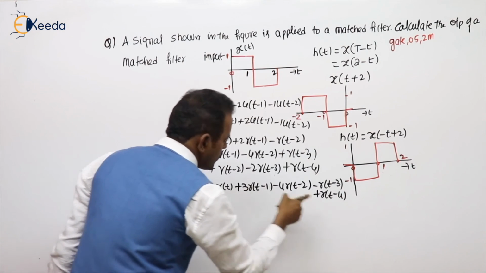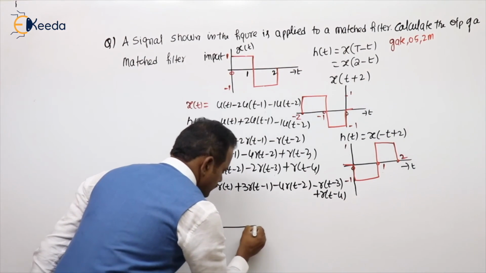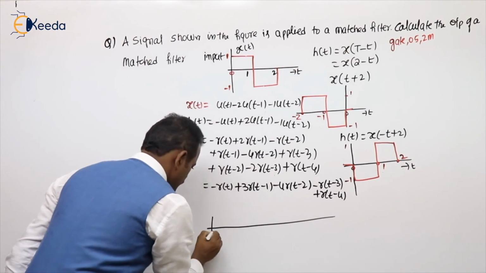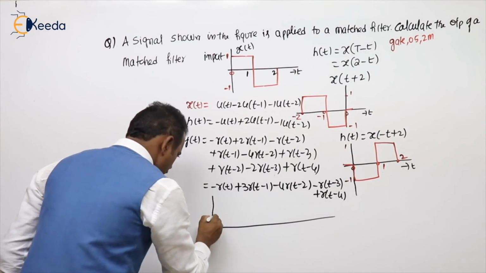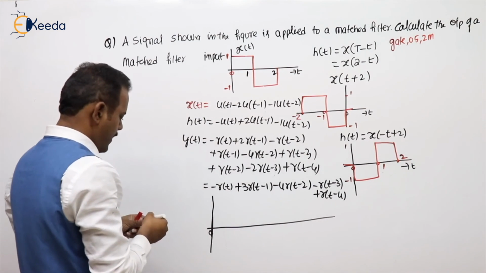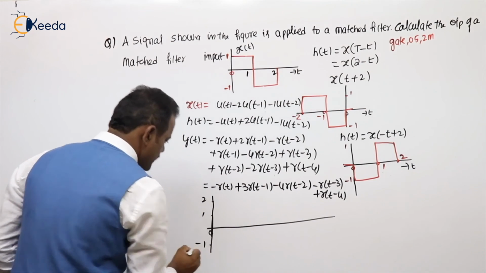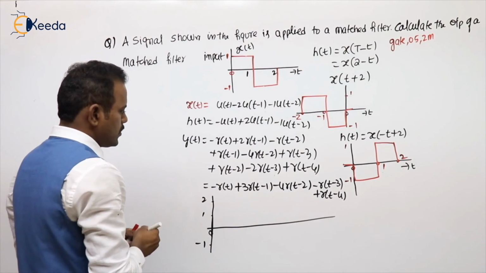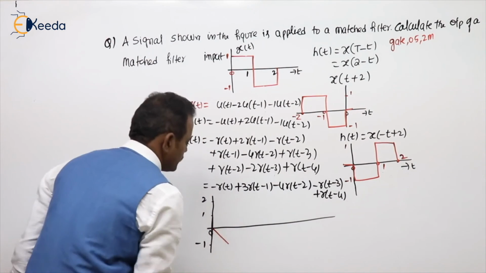From where to where? 0 to 4. You can take 1, this is 2, minus 1 like that. So starting from 0, r of t gives a negative slope.